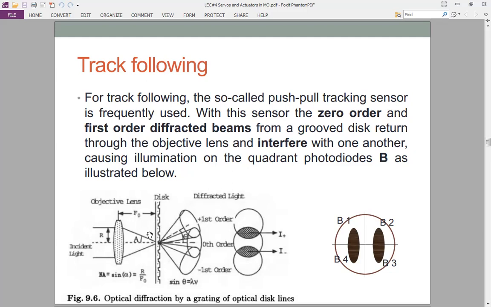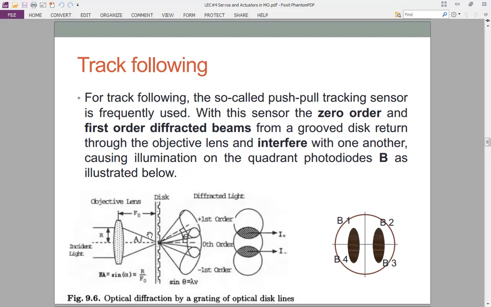So what happens is this. If the laser spot is directly on the center of the track, remember we are talking about the tracking servo, the one that monitors whether the spot is on the right track.